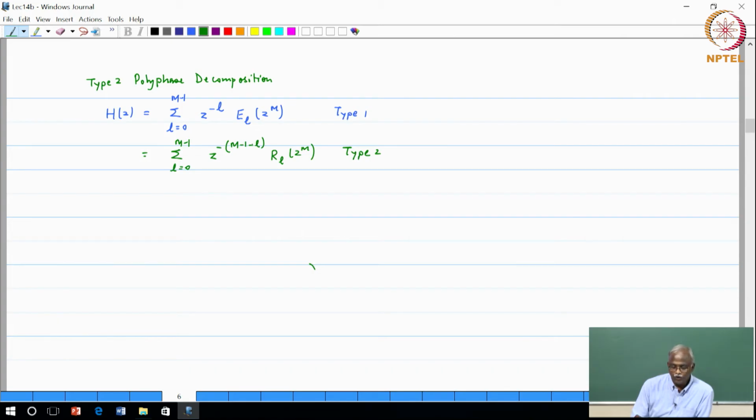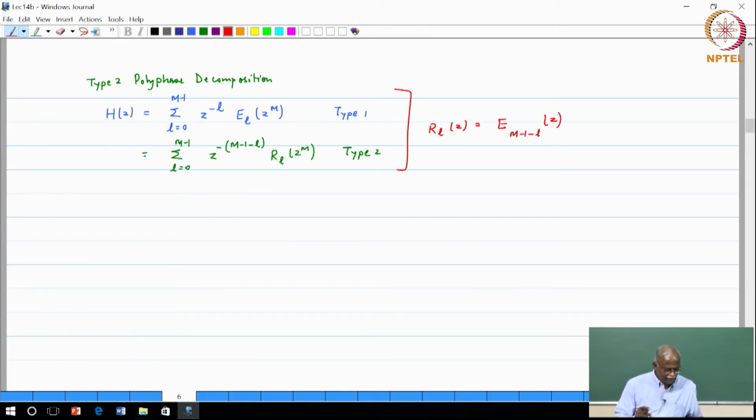It can go all the way from z power 0, z power minus 1, to z power minus (m minus 1) in both type 1 and type 2. Which means that E L and R L are basically the same sub polynomials, but they have been indexed differently. That is the only difference, and that observation can be captured by comparing these two. You can write that R L of z is nothing but E of m minus 1 minus L of z.